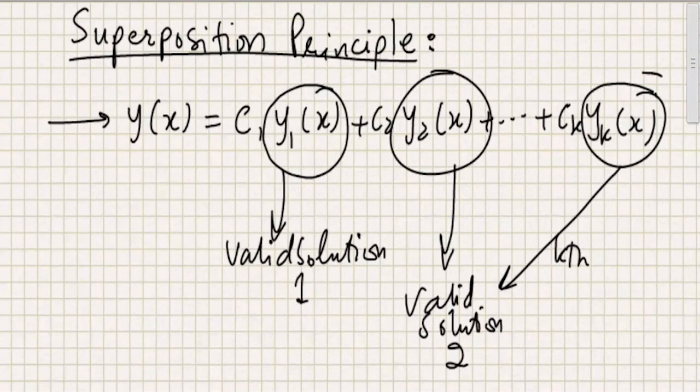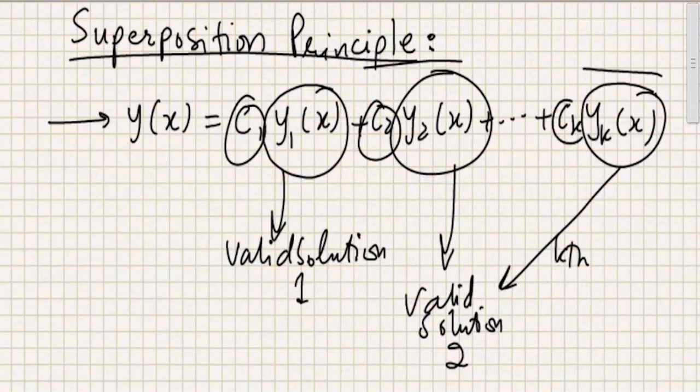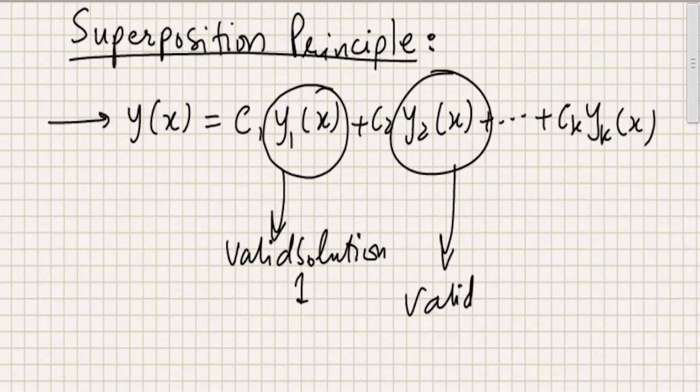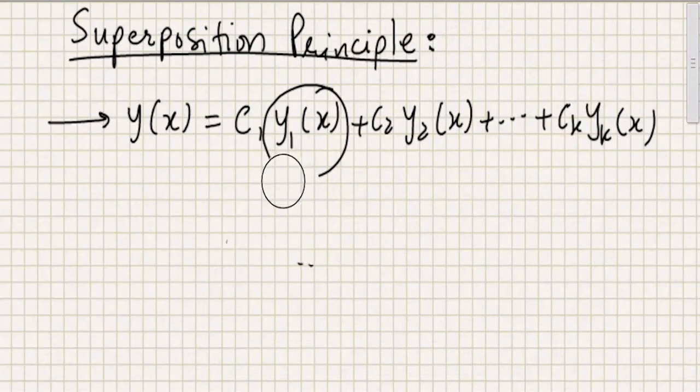But when we add them together by multiplying with different constants like c1, c2, ck, etc., the sum of all of these independent solutions will also be a valid solution, right? So we are allowed to add as many independent solutions as we like, and the sum of those solutions will also be a valid solution. This is the superposition principle for homogeneous equations.